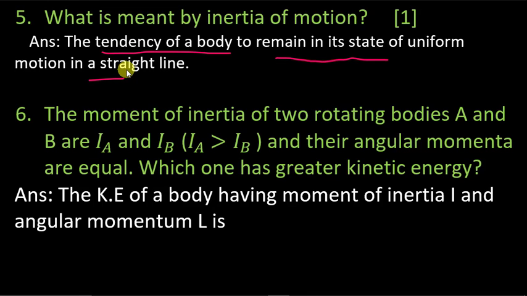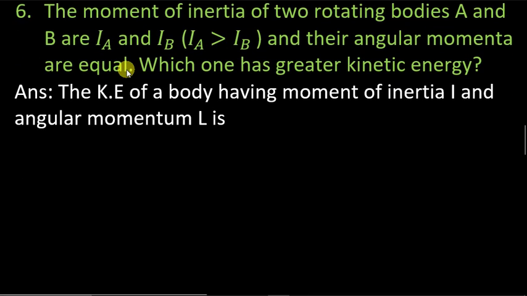The tendency of a body to remain in its state of rest or state of motion is known as inertia. So in this case, the inertia of motion is the tendency of a body to remain in its state of uniform motion.